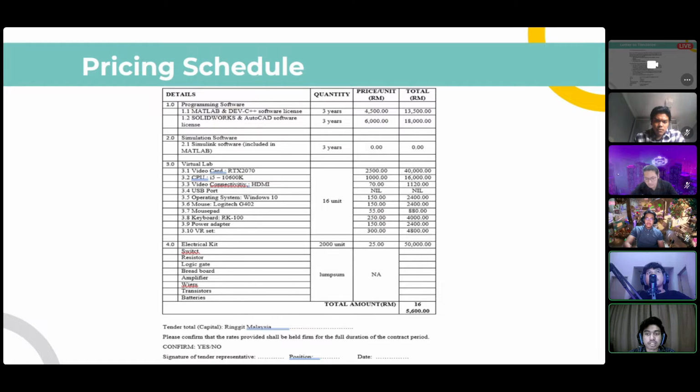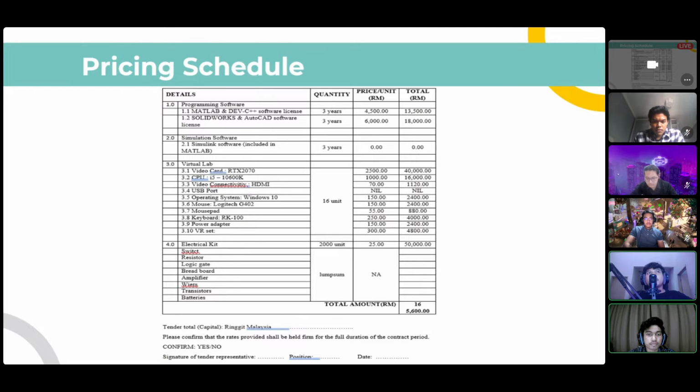The price per unit is 70, and the USB port will come along with the motherboard. The operating system Windows 10 is 150. The mouse that is requested of us is Logitech G402, and it will cost around 150 ringgit.